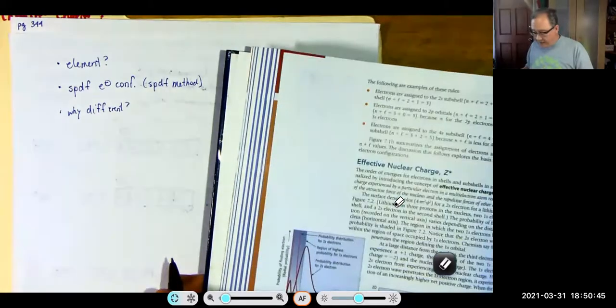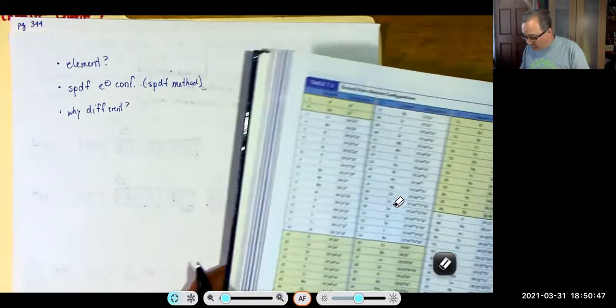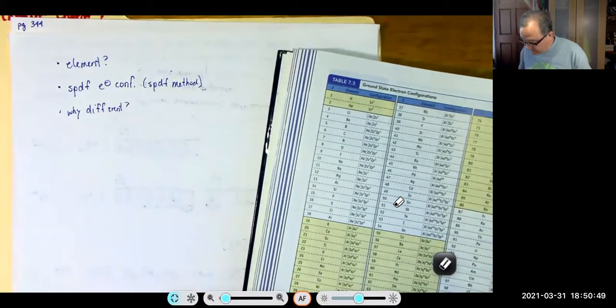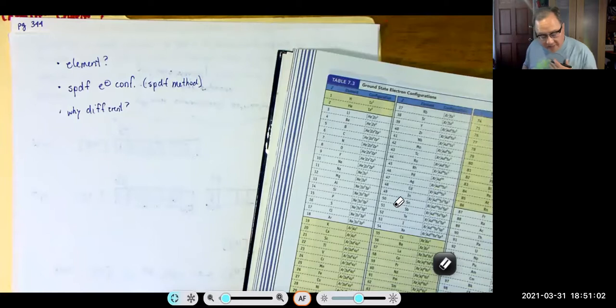So that means I have to find one that the book gives us that I know is wrong. Did we do nobelium? Oh, wait, I just told you what it was. That's no fair. Skip that.